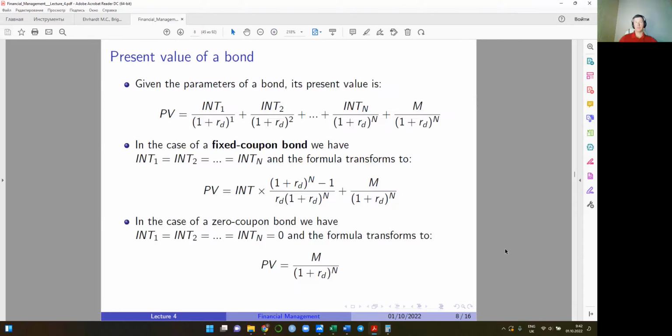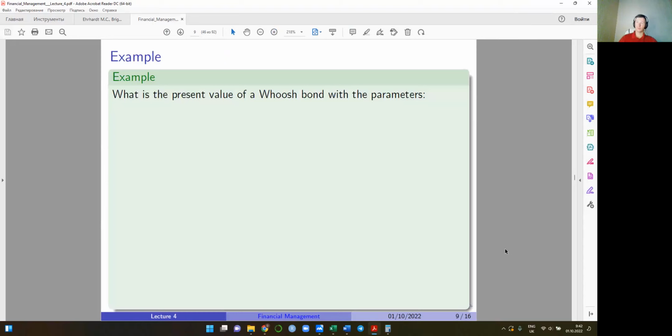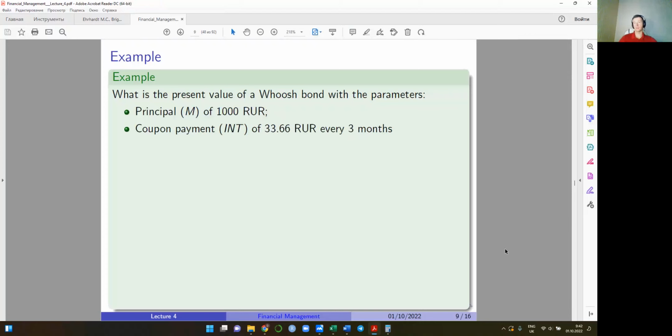Now, let us apply this approach to the particular bond of this company Whoosh with the following parameters. So what do we know about this bond? We know that the principal is 1000 rubles. We know that the coupon payment is 33.66 rubles every 3 months. We know that the maturity of this bond is 3 years when the bond has been issued.